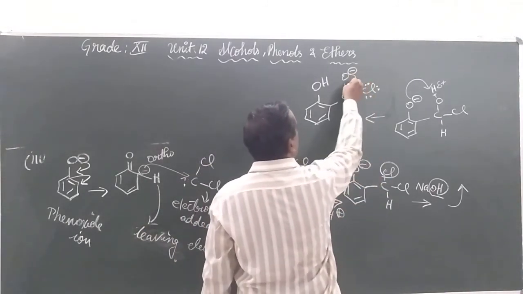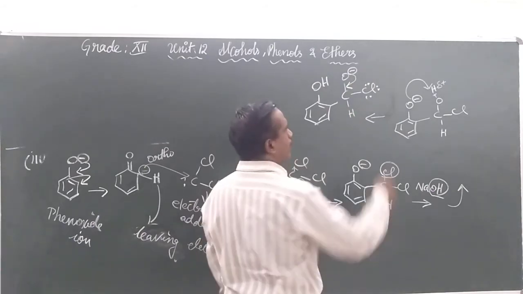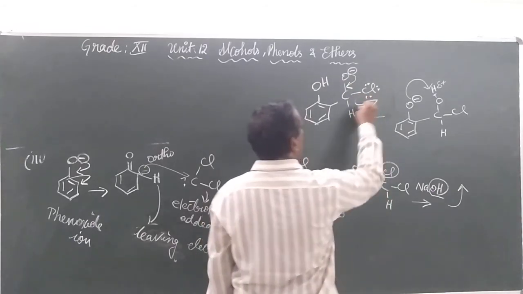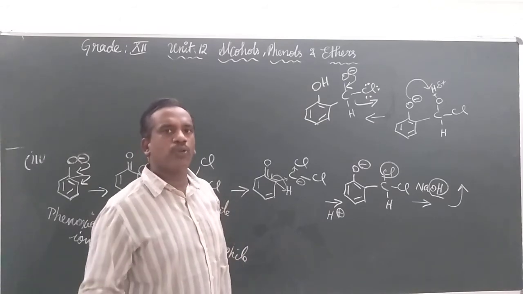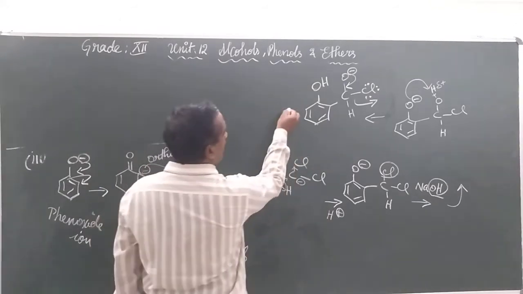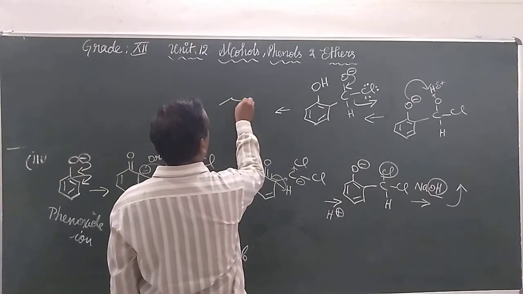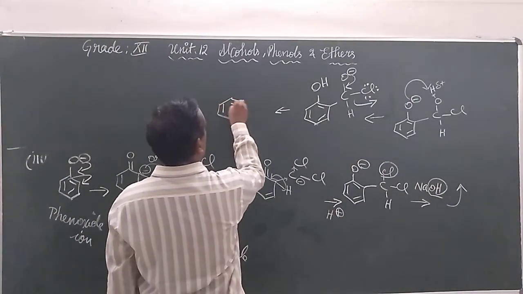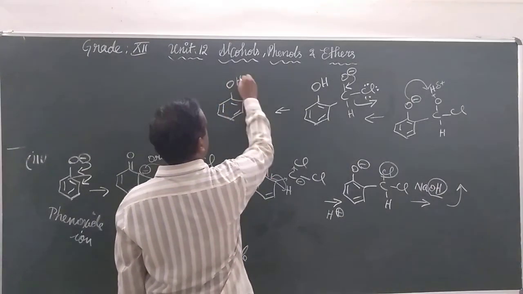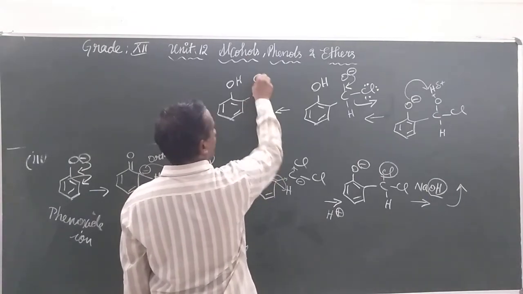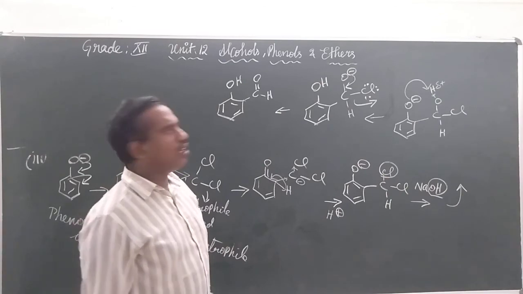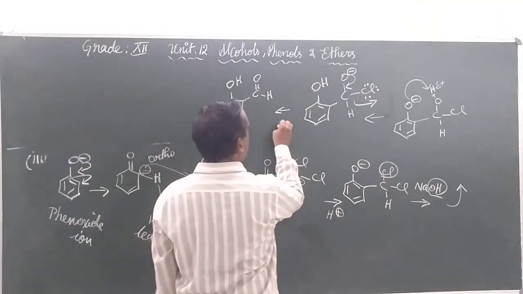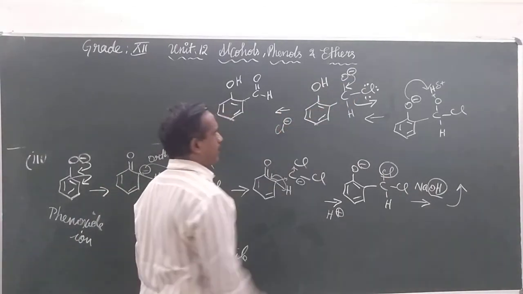This negative charge will come into bonding with the carbon, making the chlorine leave the reaction to reduce the repulsions. Now we have our compound OH, C double bonded O, and a hydrogen. Yes or no, children? Here the chlorine had left in the form of Cl minus.